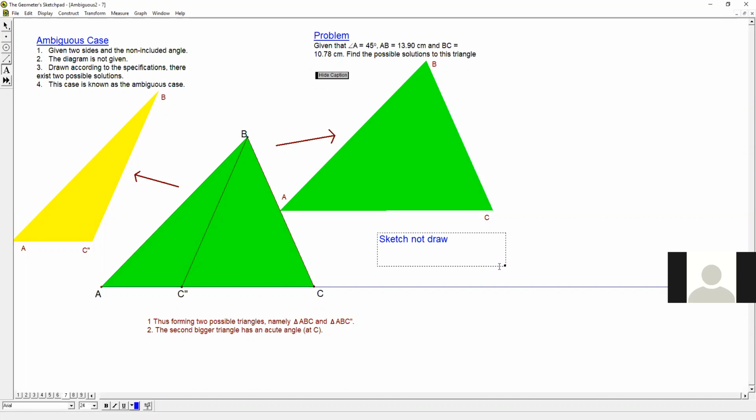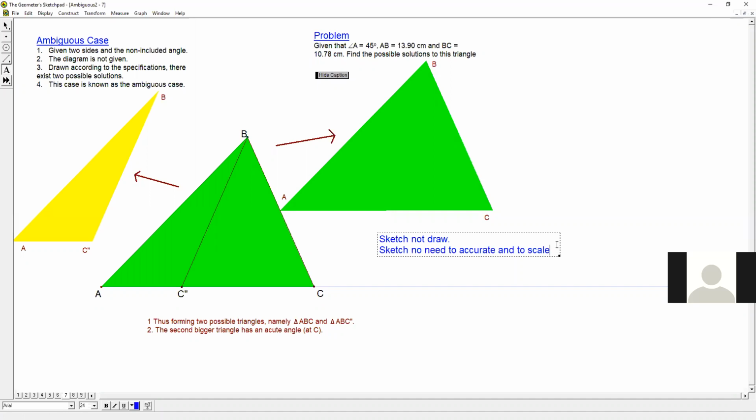Sketch, no need to be accurate or to scale.